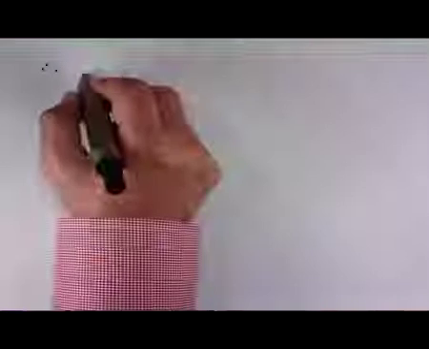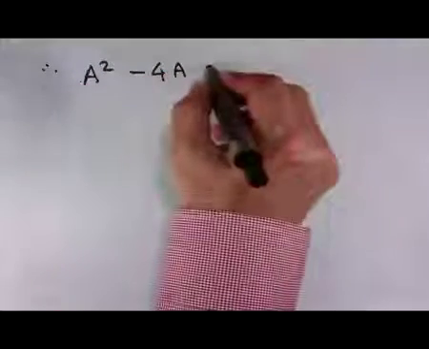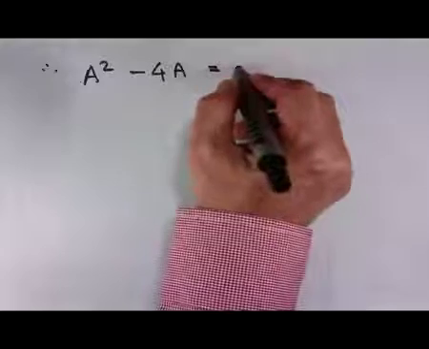Therefore, A square minus 4A is equal to 5I.